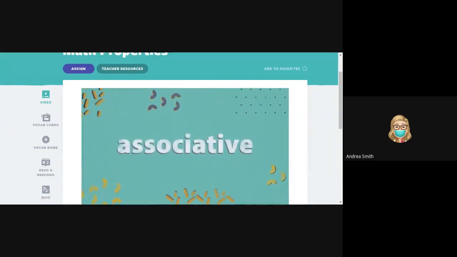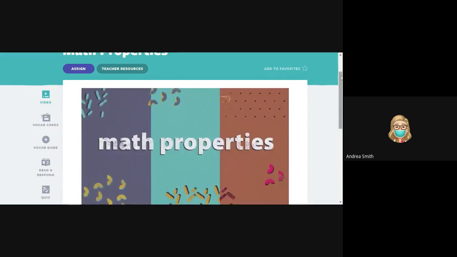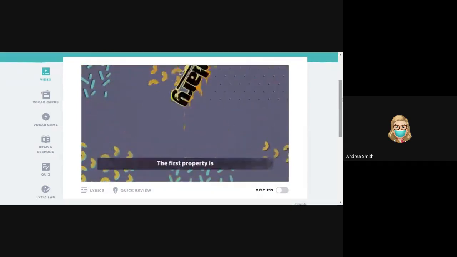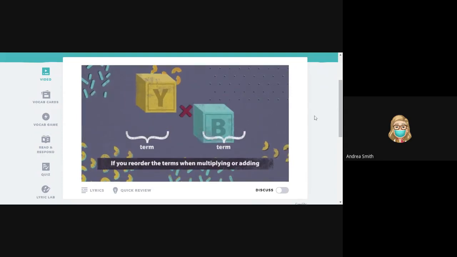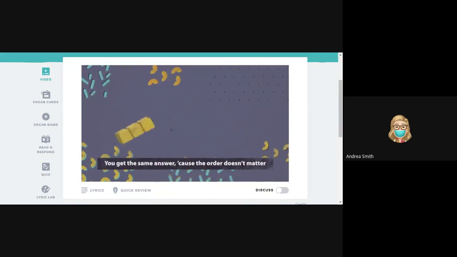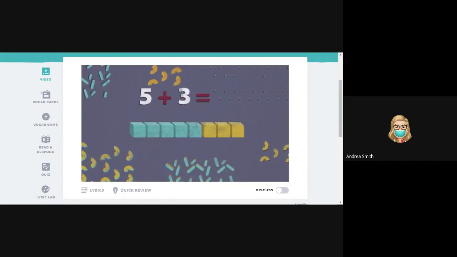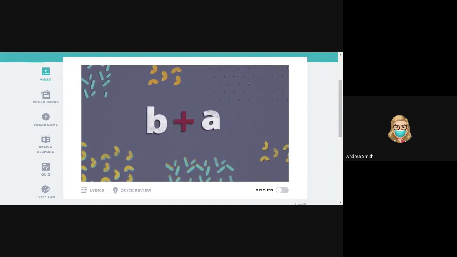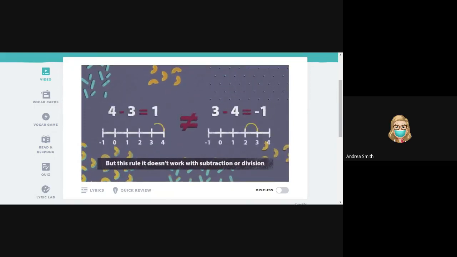Commutative, associative, distributive, all 3 math properties. Vocab, let's go. The first property is commutative. Your terms can move when you're the one computing them. If you reorder the terms when multiplying and adding, you get the same answer because the order doesn't matter. 3 plus 5, written a different way, is 5 plus 3, they both equal 8. A plus B equals B plus A, and J times C equals C times J. Addition is not the only operation that works. We can also use multiplication, but this rule doesn't work with subtraction or division.